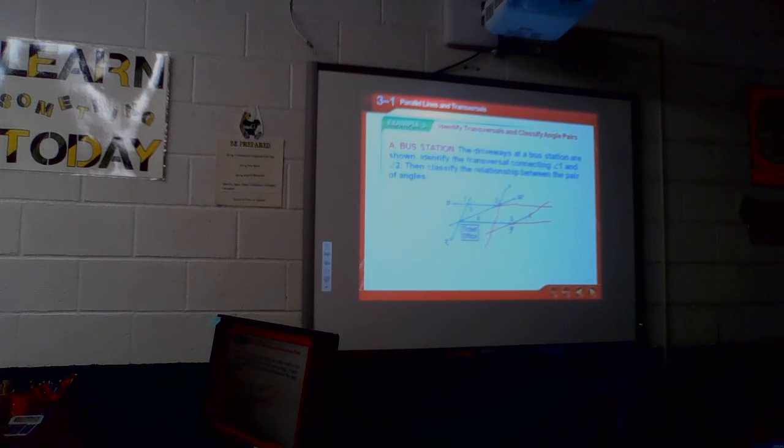What line is acting as the transversal of this line right here? Oh wait, I just drew the transversal. Sorry. That was the transversal for this angle and this angle right here. And what would we call angles 1 and angle 2? Corresponding. Exactly right.